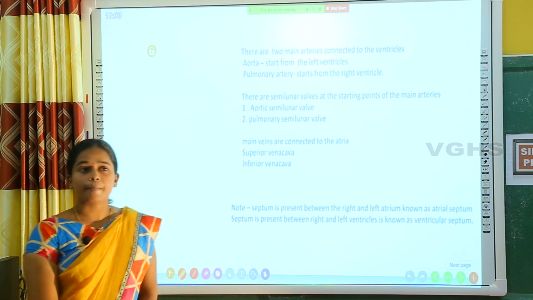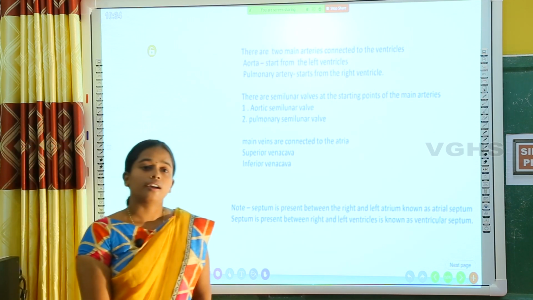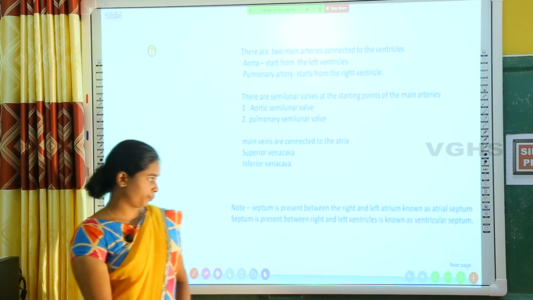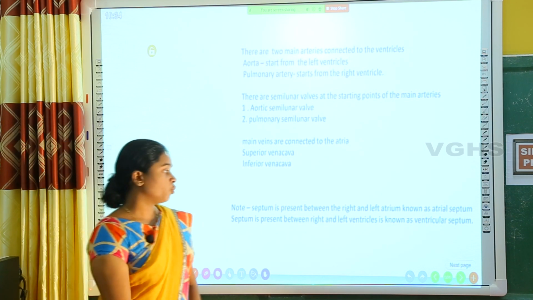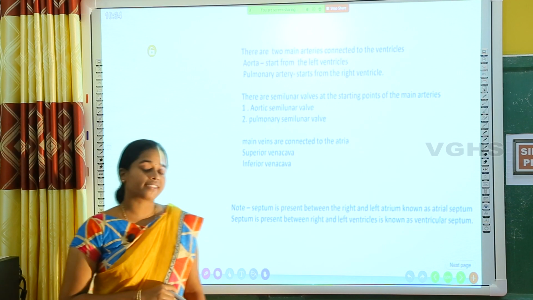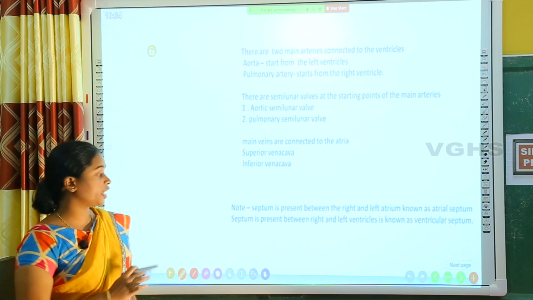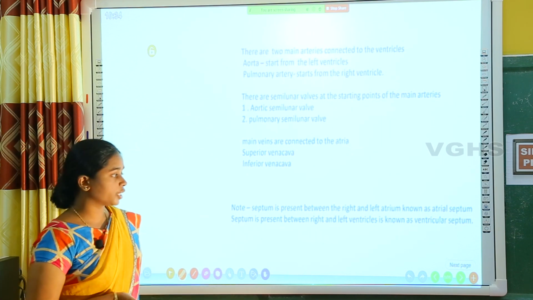Then the main veins that are connected to the atria are the superior vena cava and inferior vena cava. And the septum present between the right and left atrium is known as the atrial septum, and the septum present between the right and left ventricles is known as the ventricular septum.